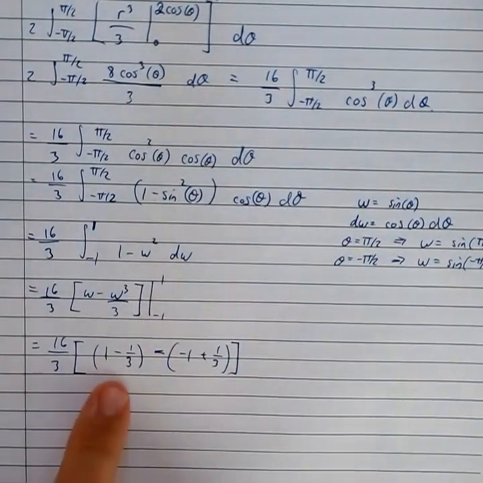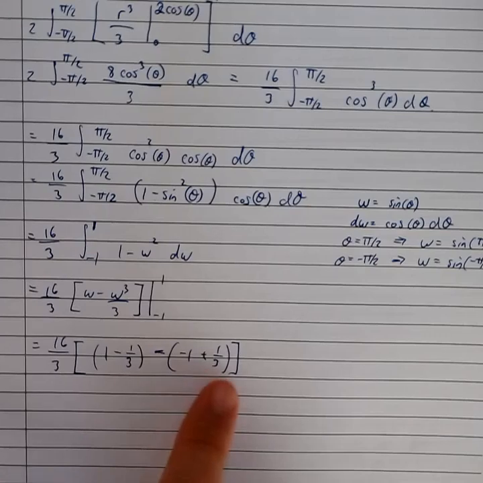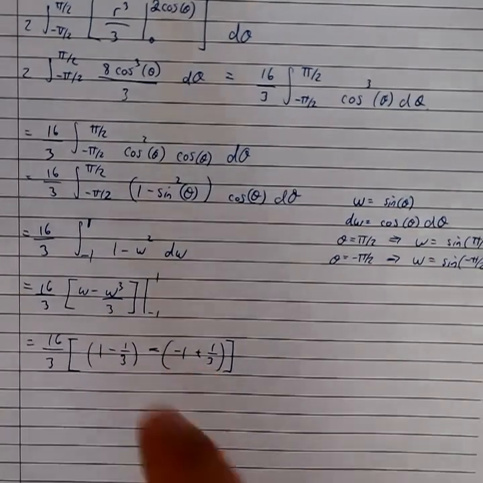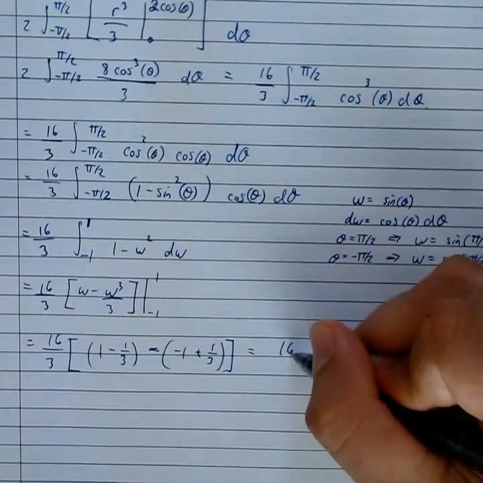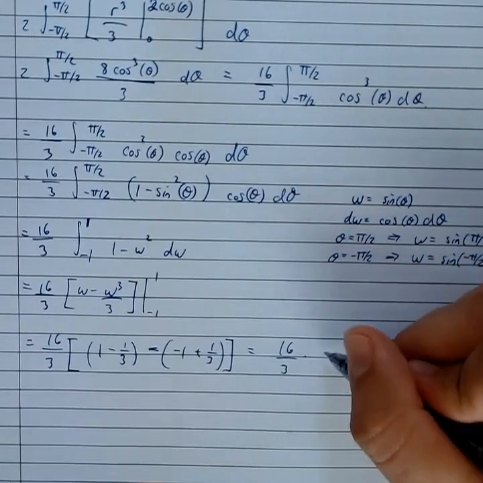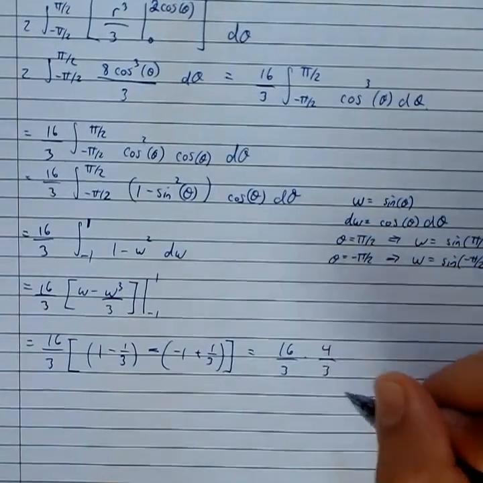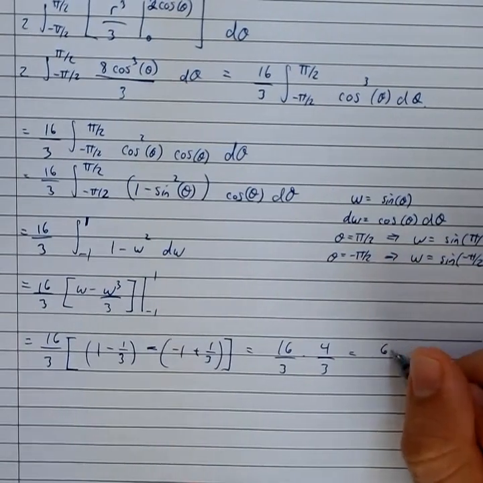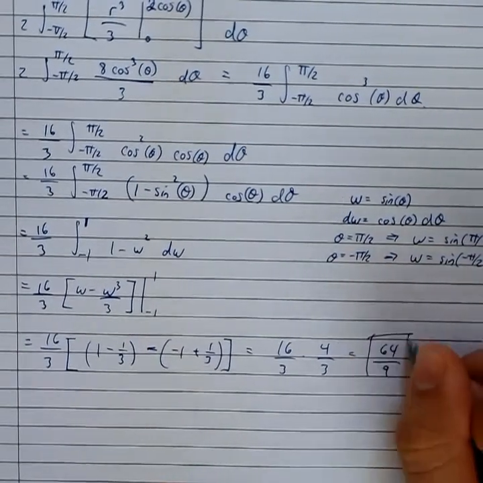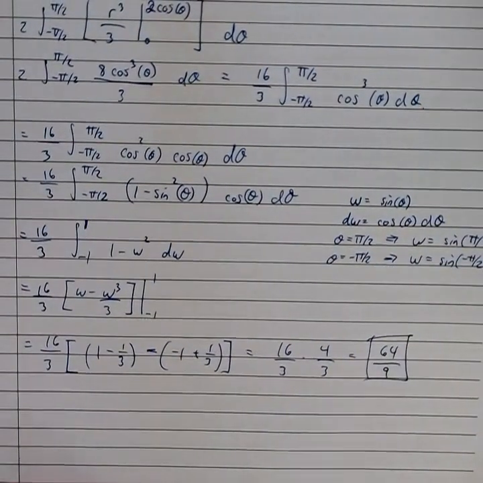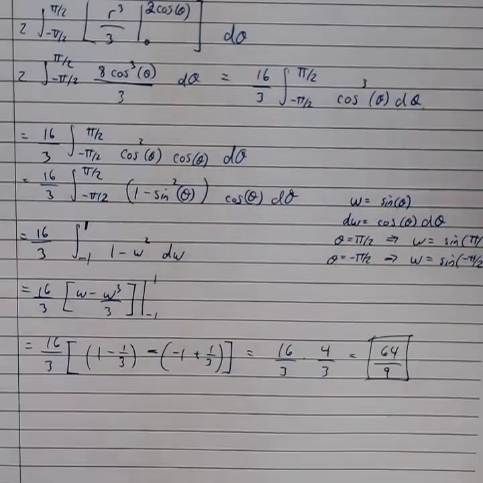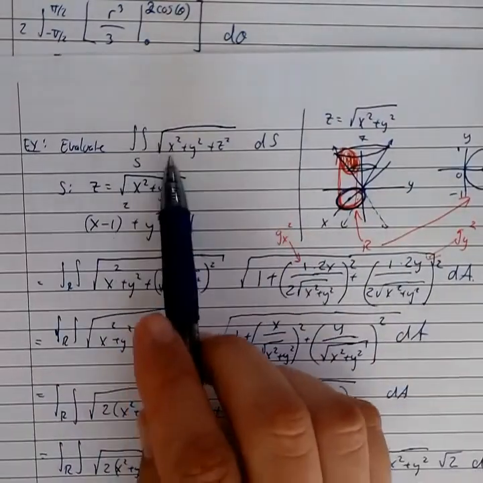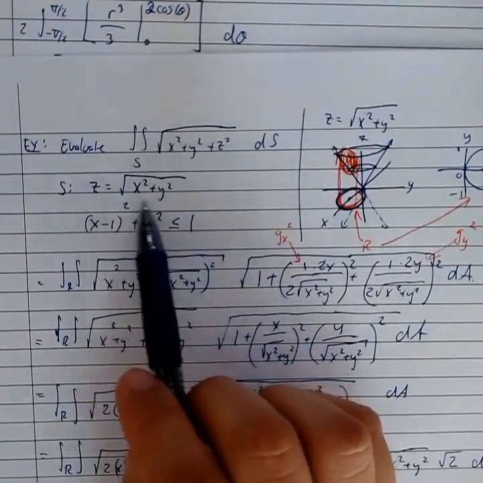So that's 2 thirds minus a negative 2 thirds, in other words 2 thirds plus 2 thirds, that's 4 thirds. So it's going to give us 16 thirds times 4 thirds, which is 64 ninths. And there we go. This is our surface integral of this function over this surface.